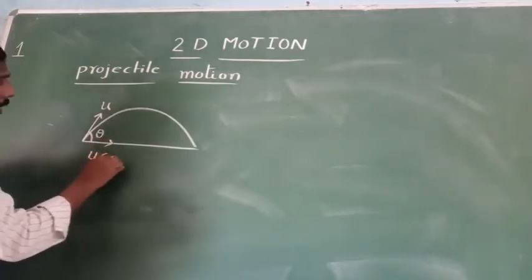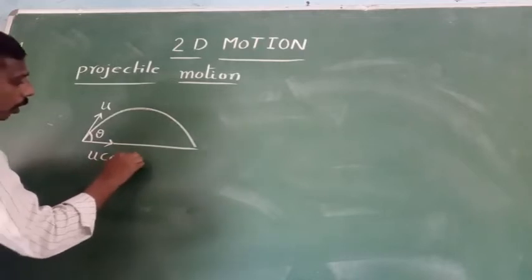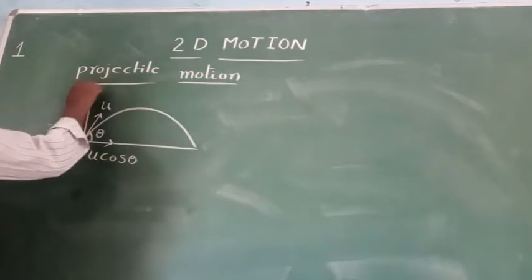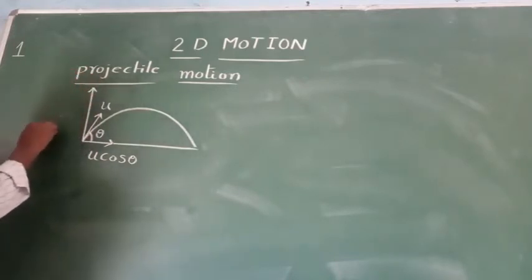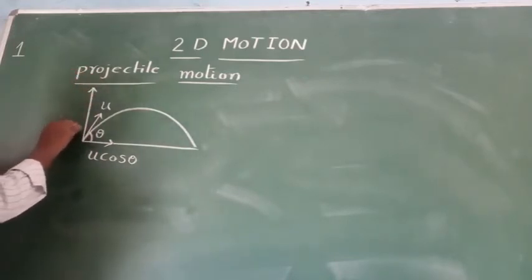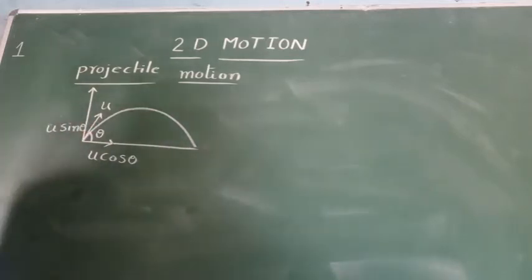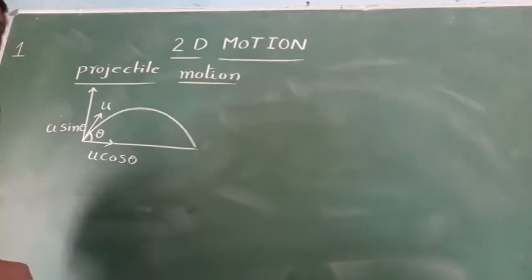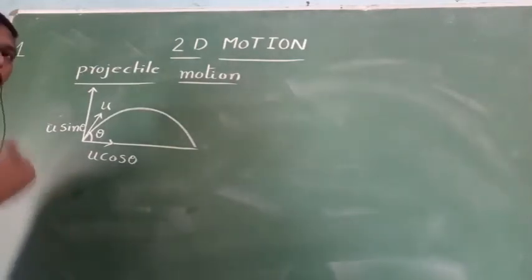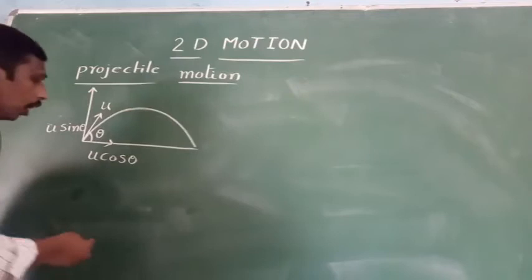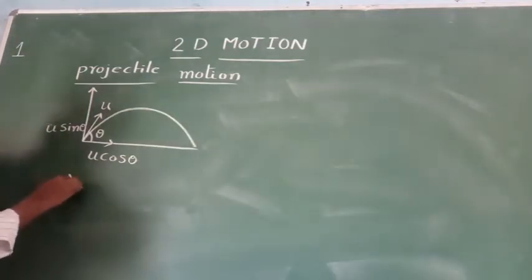u cos theta is the initial velocity along the horizontal direction, and the component along the vertical direction is u sin theta. These are the components of velocity along the x direction and y direction. Okay. So after t seconds, first you write the physical quantities for the x direction and y direction.